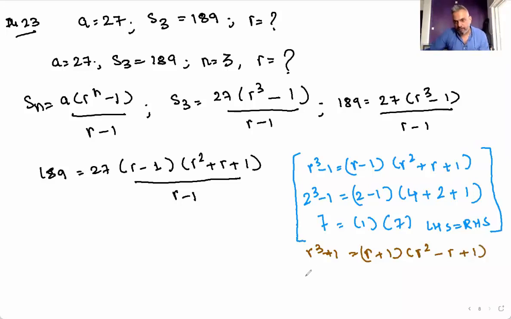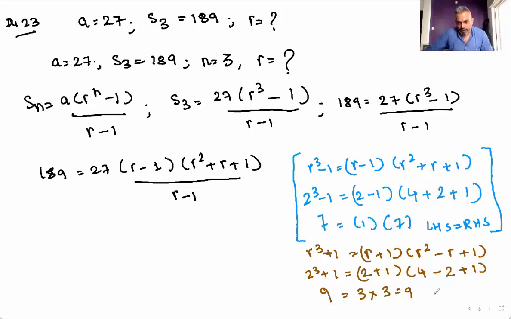So let's check this also. 2 cube plus 1 is equal to 2 plus 1 in the bracket 2 square is 4 minus 2 plus 1, which is equal to 2 cube is 8 plus 1, 9. 2 plus 1 is 3 into 4 minus 2 is 2 plus 1 is again 3, is equal to 9. So LHS is equal to RHS.